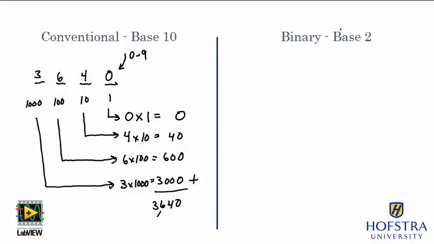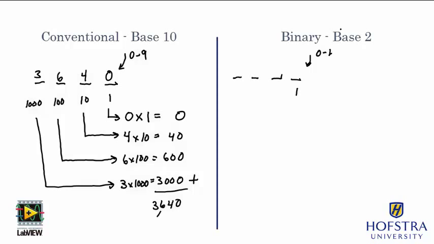Let's now look at our binary system, which is of base 2. Again, let's look at a 4-digit number. But now in the binary system, instead of being able to put in the numbers 0 through 9, we can only put in the numbers 0 through 1.